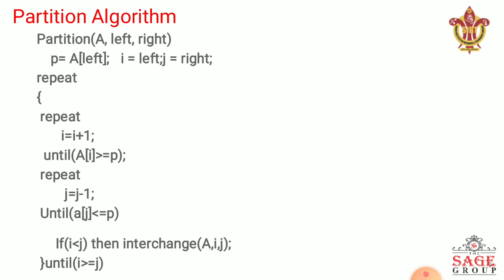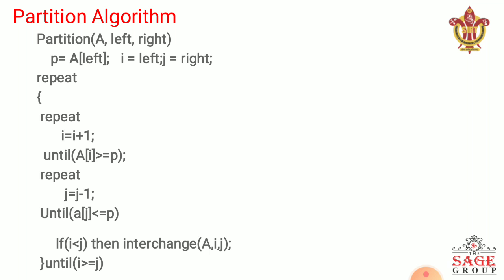As we already said in the previous concept, the pivot is the first position, so the pivot p is a[left], the first position of the given array. We use two index values, i and j. i represents the left position and j represents the right position.